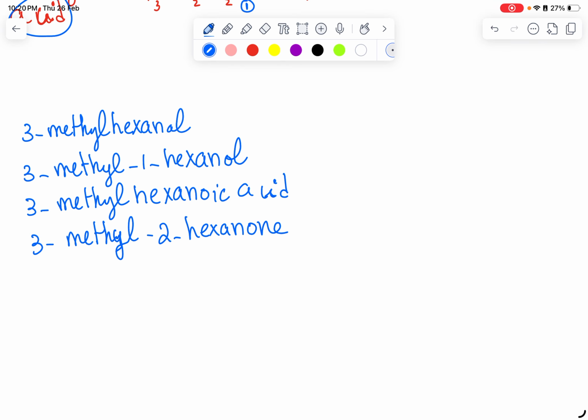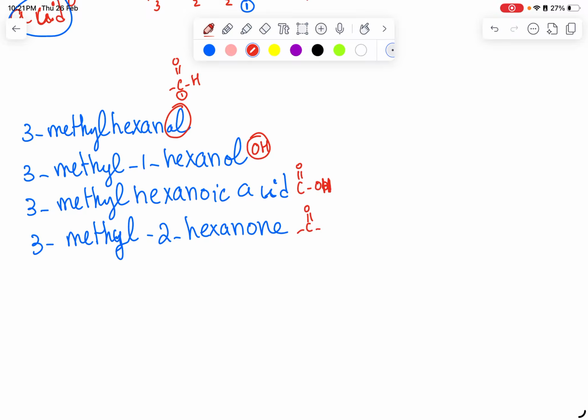So let's start. You look at this one, al. So you keep in mind that I'm gonna put a C double bond OH, and that's gonna be my first carbon. In this one, I'm gonna put an OH. In this one, I'm gonna put a COOH. And in this one, I'm gonna put a C double bond O, but not the first.